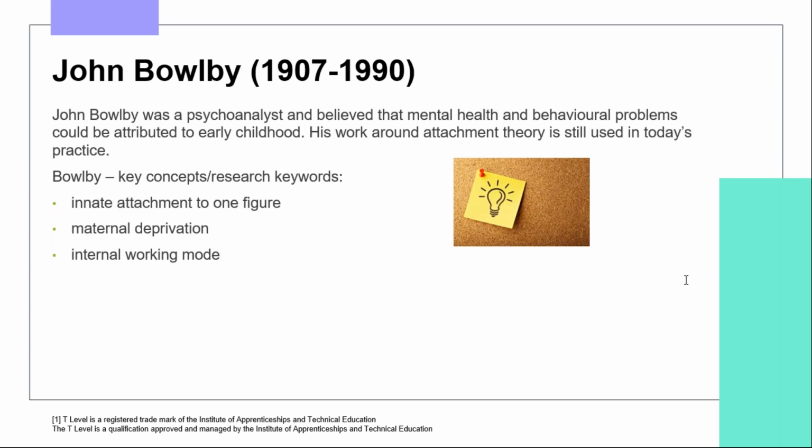So a study called the 44 Thieves was carried out, and the aim of that was to determine any correlation between maternal deprivation in infancy and adolescent delinquency, as they say. So Bowlby studied a group of 44 juvenile thieves who attended a child guidance clinic, and subsequently compared them with a control group of 44 who, though emotionally disturbed, did not steal.